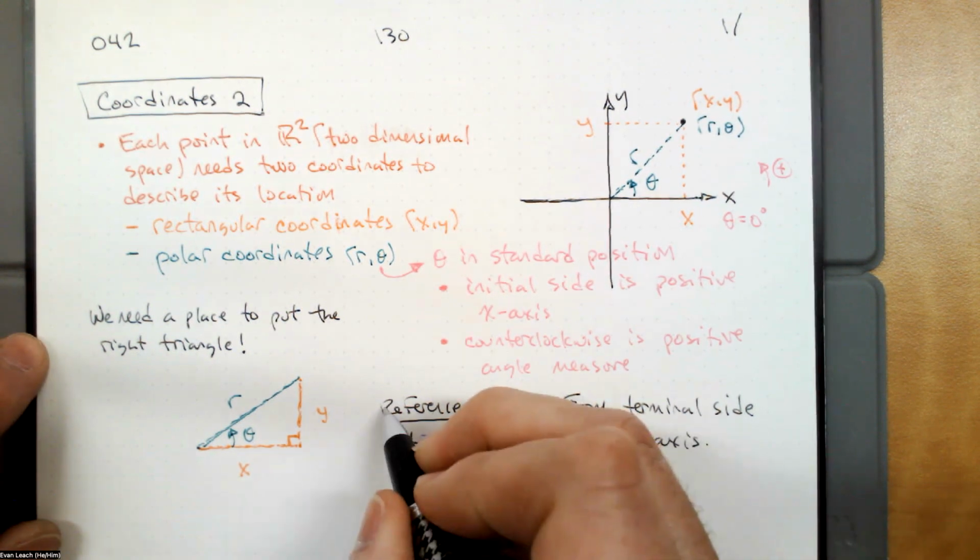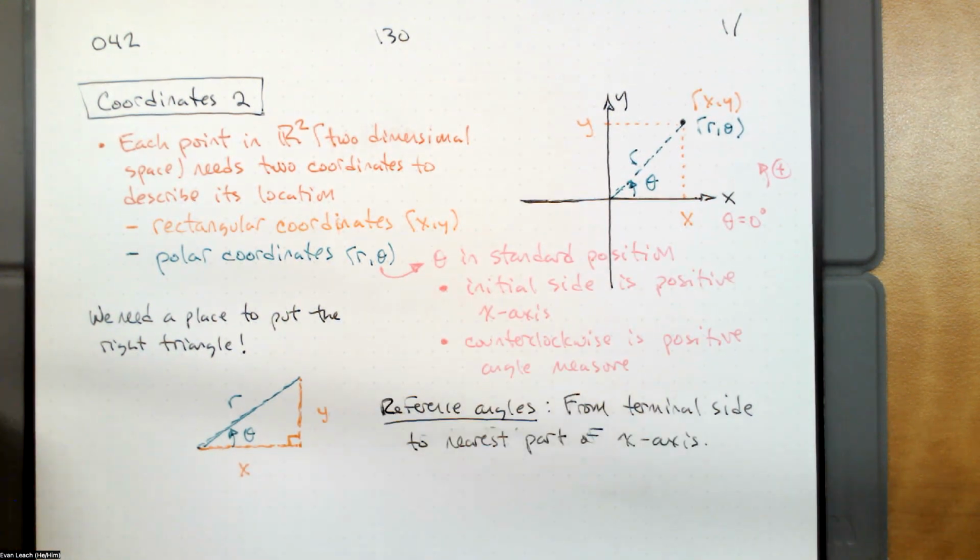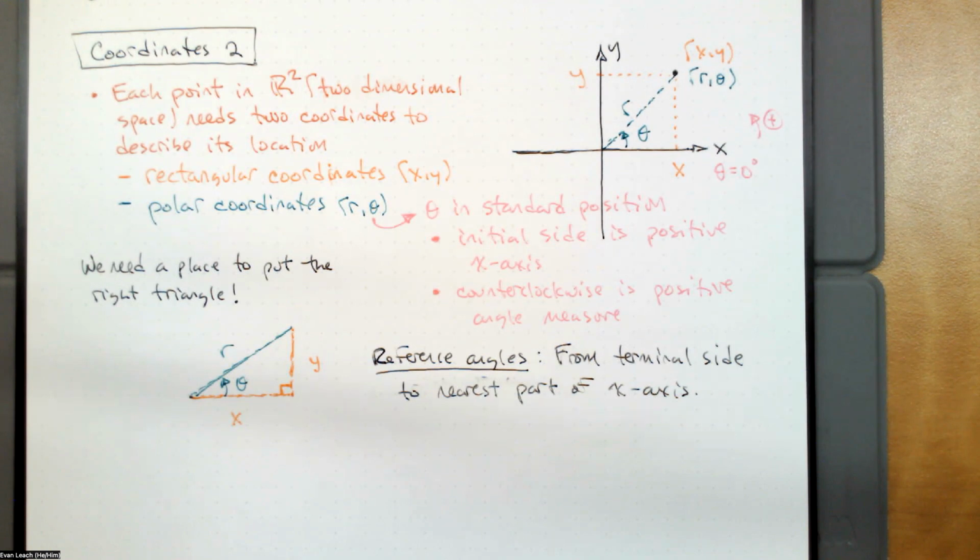A reference angle is going to go from the terminal side to the nearest part of the x-axis. What this does for us is gives us a right triangle. It gives us some theta reference that's related to our original theta that we can put into a right triangle. So that's the goal here.